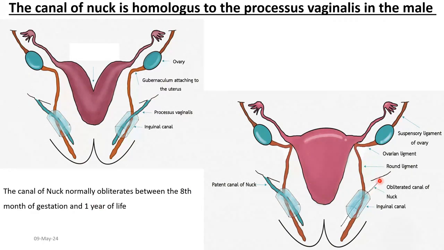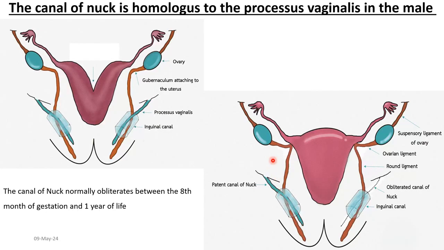That's when it has to disappear. Normally it has to disappear, as you can see here. It has to obliterate or disappear normally. If it remains patent, if it remains open, you can guess what can happen. It's possible for fluids from the abdomen to enter into this patent canal to come and overfill the tissues around the labia, and that condition will be called hydrocele.